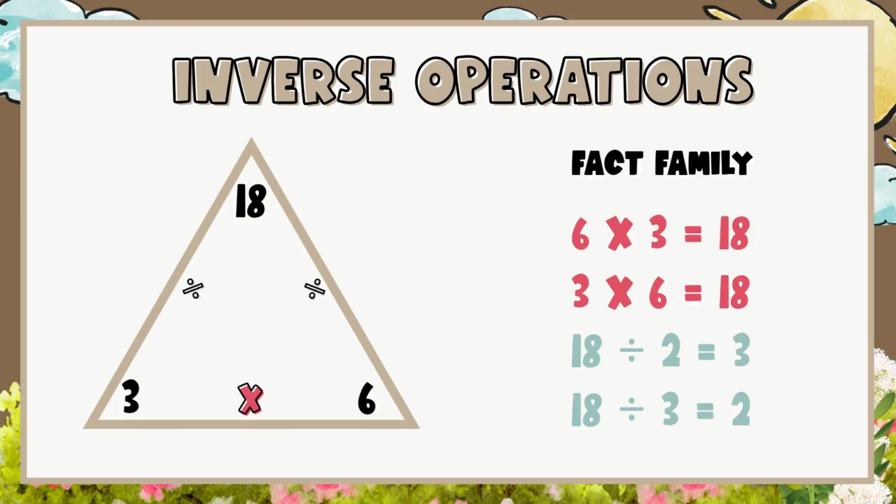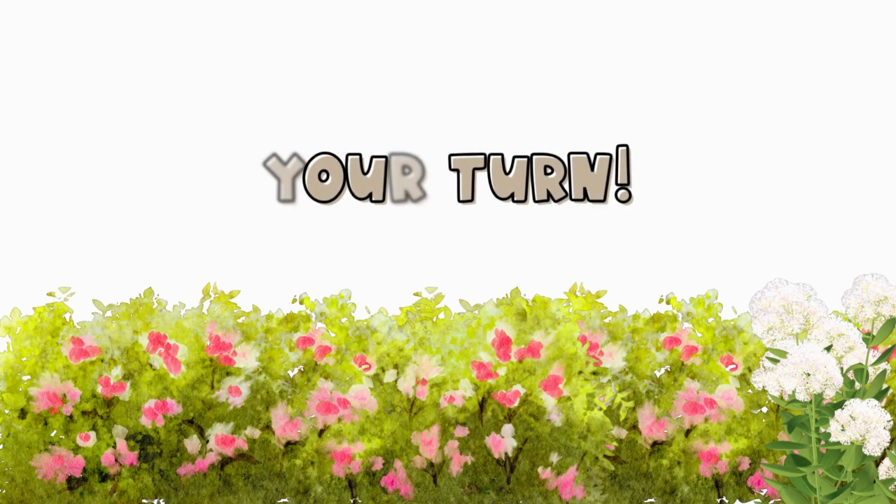And again, let's take a look at the inverse operation relationship. We have 3 times 6 equals 18, but if we do the inverse operation, division, 18 divided by 6 would give me 3. And 18 divided by 3 would give me 6. So it all works out in our big fact family. Now it is your turn.